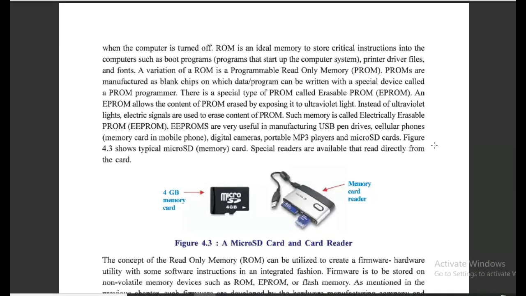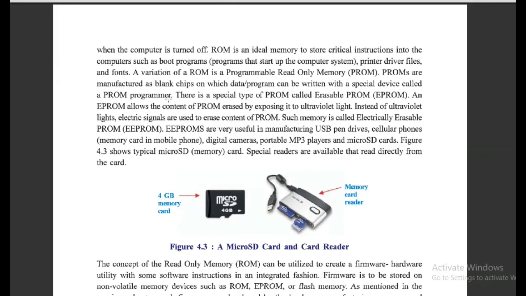Then PROMs are there, that is programmable read-only memory. So earlier, ROM was only read-only memory, but here PROM is programmable read-only memory, wherein blank chips are there which can be written with a special device called a PROM programmer.